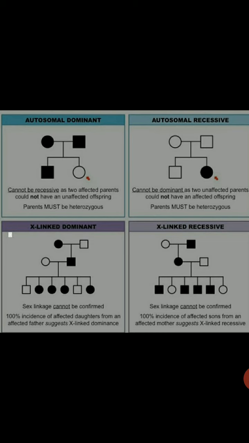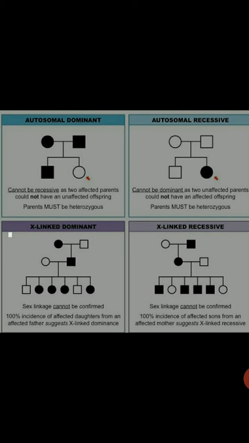And if we talk about X-linked recessive, I am talking about here, the affected son is having the disease from the affected mother.